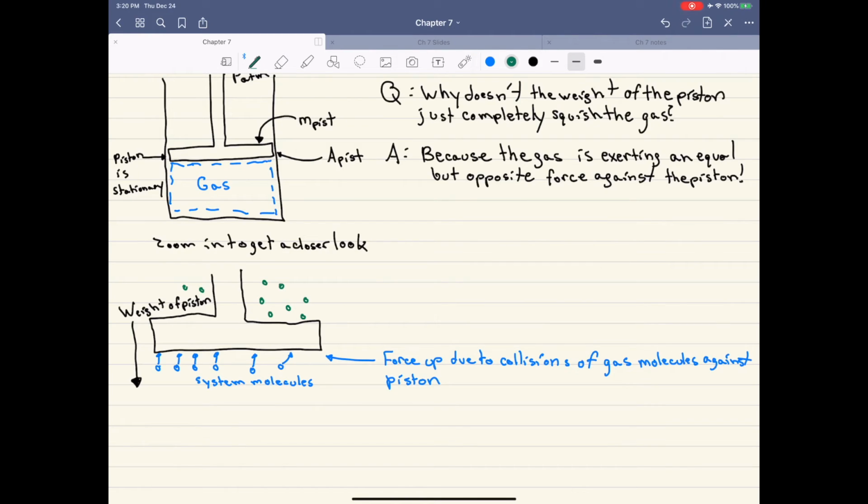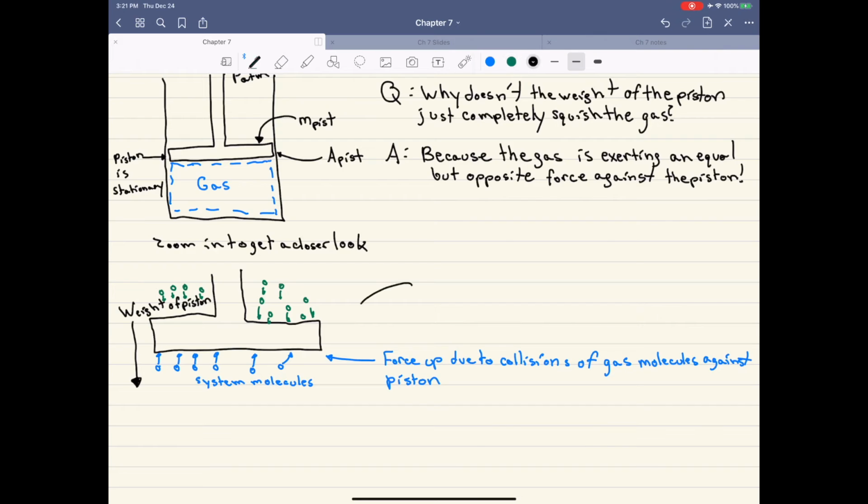gas molecules of air going downwards. So those are also going in the downward direction.